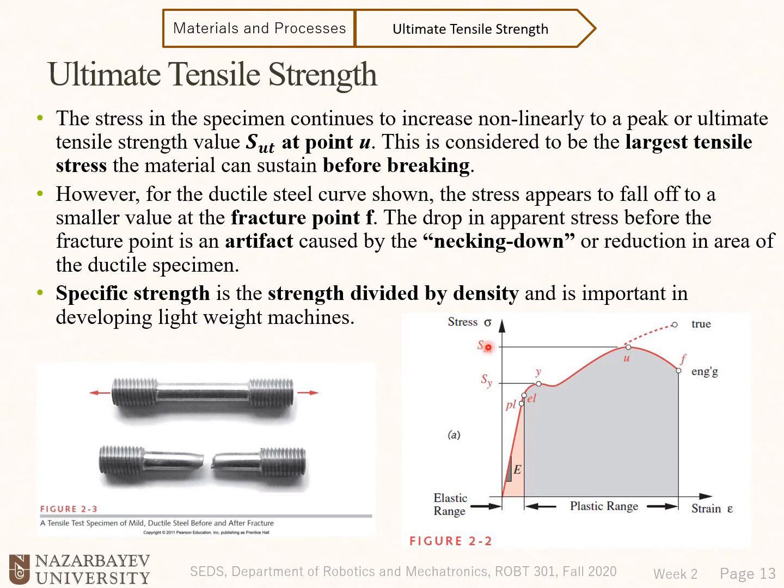This is considered to be the largest tensile stress the material can sustain before breaking. So this is the largest tensile stress, of course engineering stress, not the true stress. This is the largest tensile stress that could be sustained before breaking.